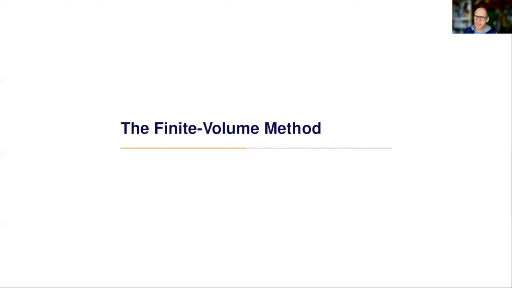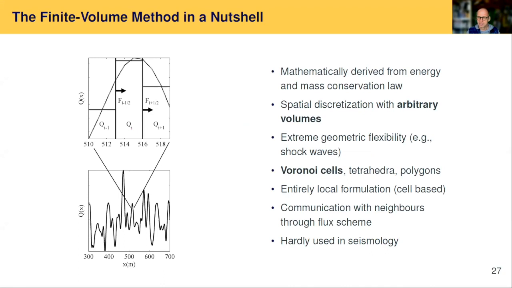And we start with the finite volume method. My understanding is it was developed in Los Alamos, where the atomic bomb was built many years ago, on some neutron diffusion problem or something.